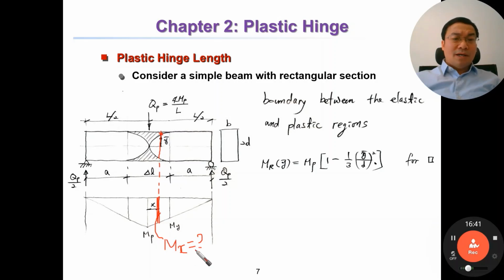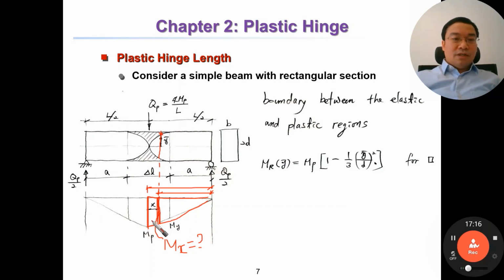Of course, we have this rectangular, we have Mp, we have x, and we have this length L over 2, and also this length, L over 2 minus x, something like that, and you can calculate x as a function of L.